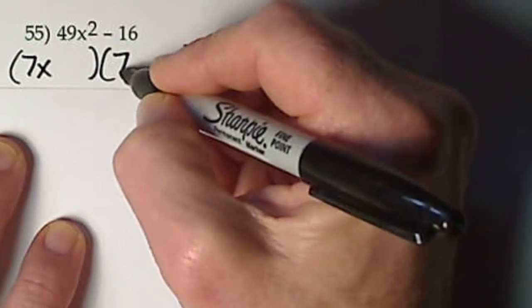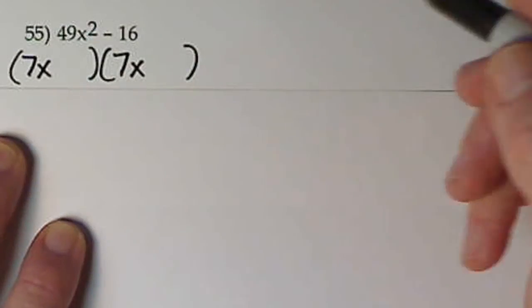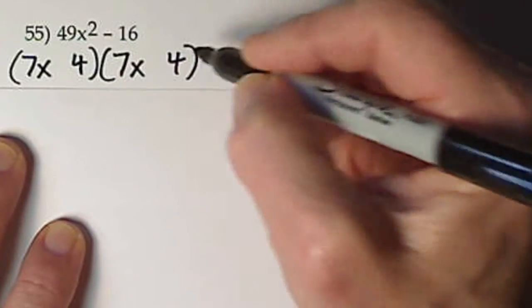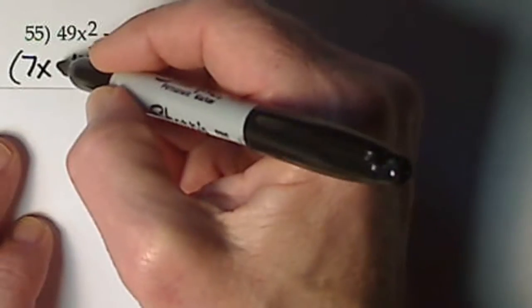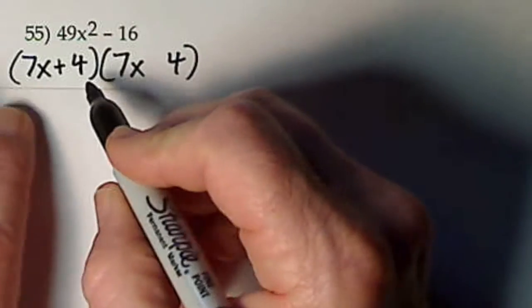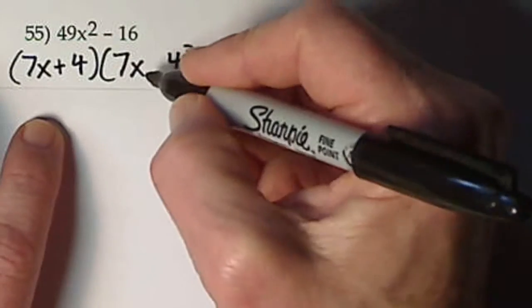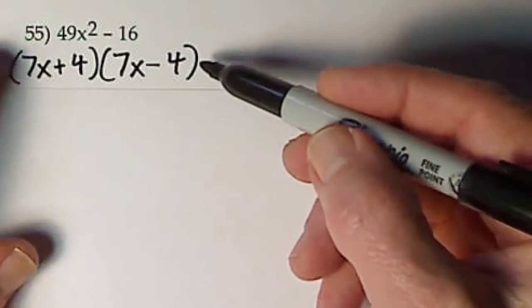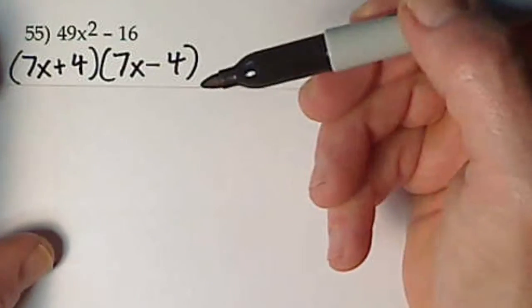So you'll have a 7x there, 7x there. The square root of 16 is 4. And then you just have to remember that one set of parentheses will have a plus, one set of parentheses will have a minus. So this is the factored form of this binomial.